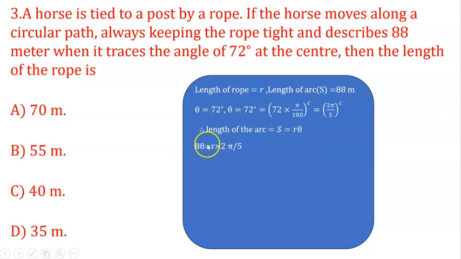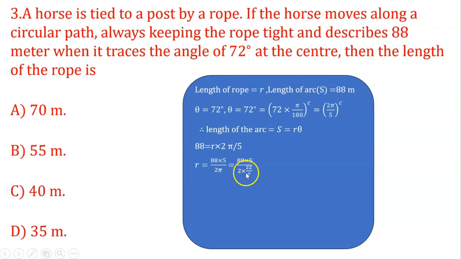Now substitute the value. We know that S is equal to 88, and the value of theta is 2 pi upon 5. Therefore 88 is equal to R into 2 pi upon 5. Now next. Therefore R is equal to 88 into 5 upon 2 pi.